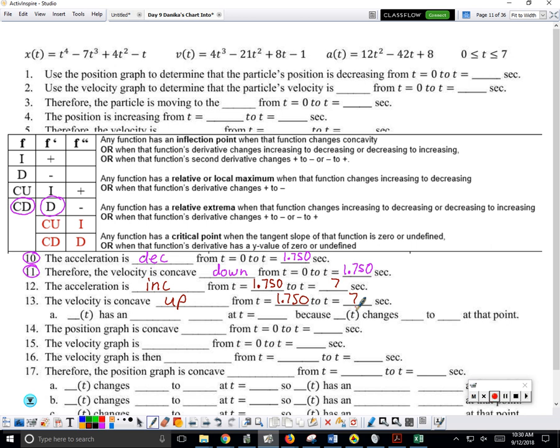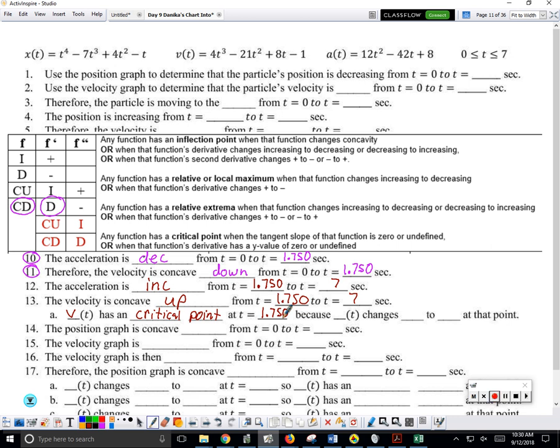Anybody else? Okay, so then the same thing here on A. The velocity, v of t, has a critical point at time equal 1.750. Oh, my bad. Sorry, erase that.